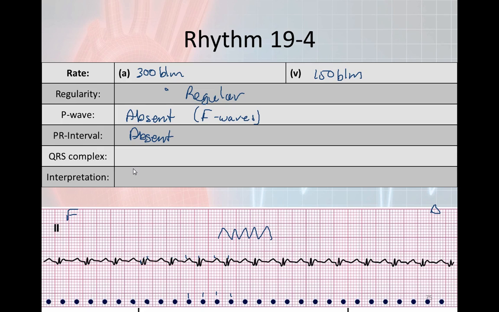It's very normal. It is small, a very low amplitude, but it is narrow with steep angles and sharp points, although the only problem is it's very short. The interpretation, as you can see here, that's the big key right there. So we have an atrial flutter.